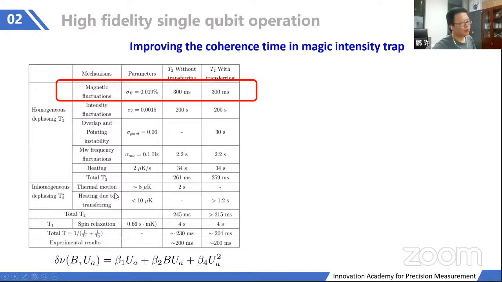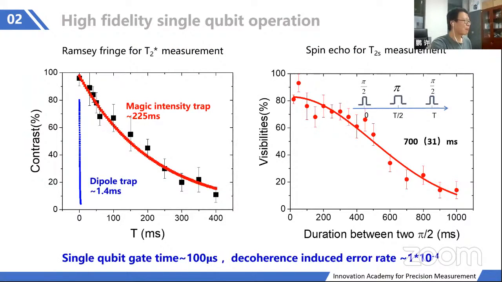It is thermal motion. But in the magic intensity trap, it seems like you eliminate this problem. Yes, of course, we eliminate it.